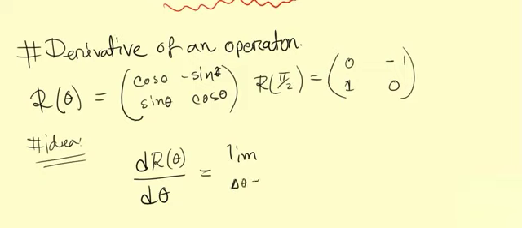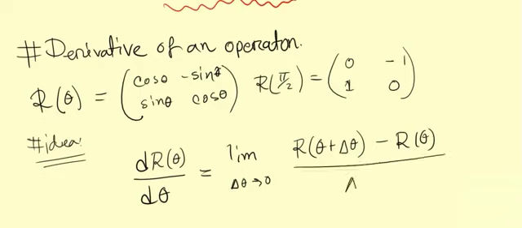And the formal definition is just like this. So let's call it delta theta, that goes to 0, and you will have this matrix over here that is containing the parameter and a perturbed part, that is delta theta, and here you will have R of theta, divided by delta theta. So when this limit goes to 0, we can find the derivative.